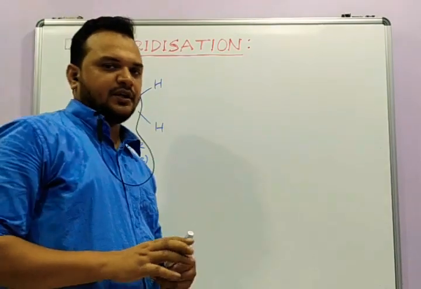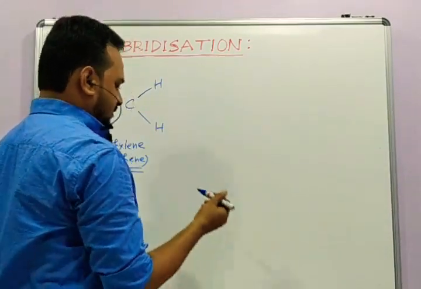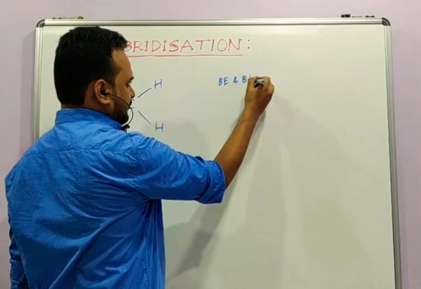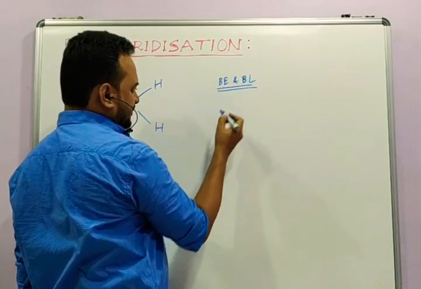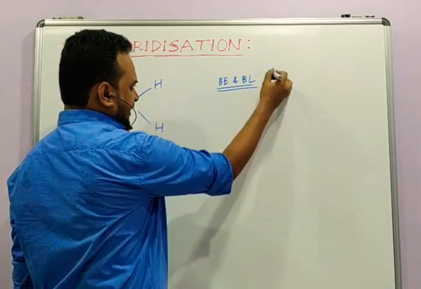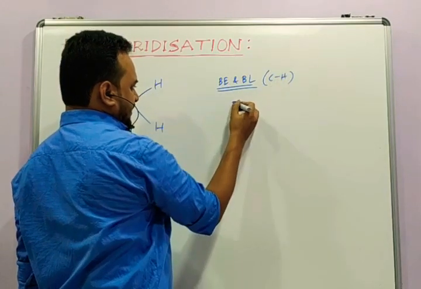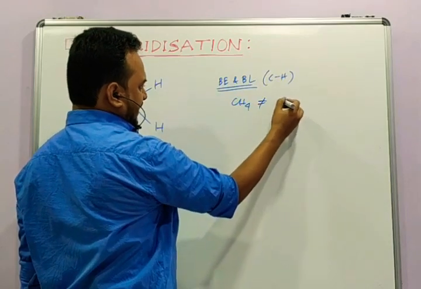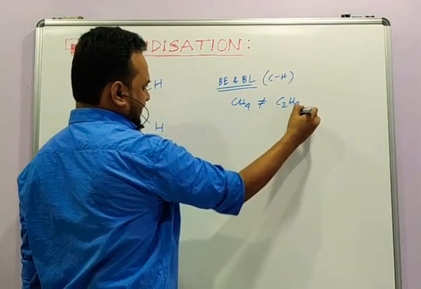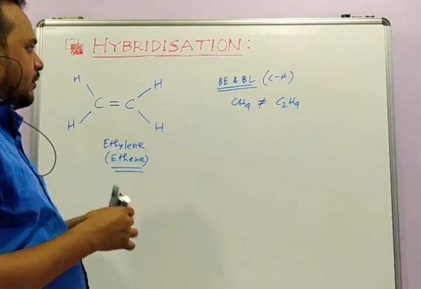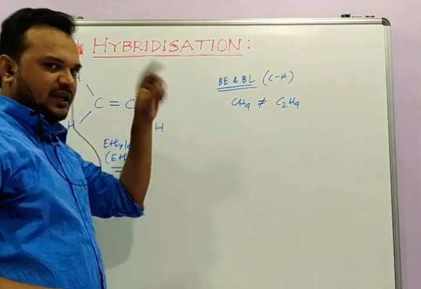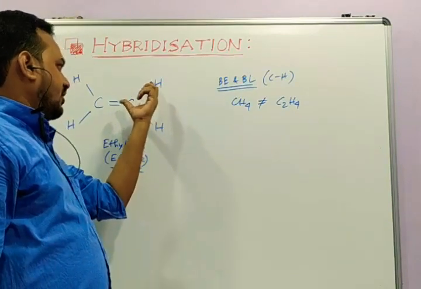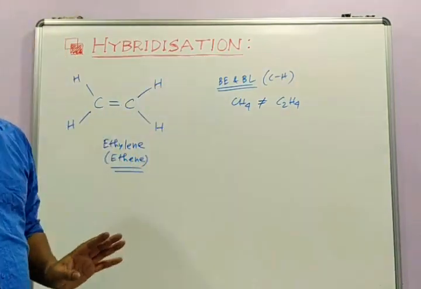Now experimentally, what is found is that if you compare the bond energy and bond length, the CH bonds are not equal for methane and ethylene. That is, the bond length and bond energy of the CH bond in methane is different from the CH bond in ethylene.